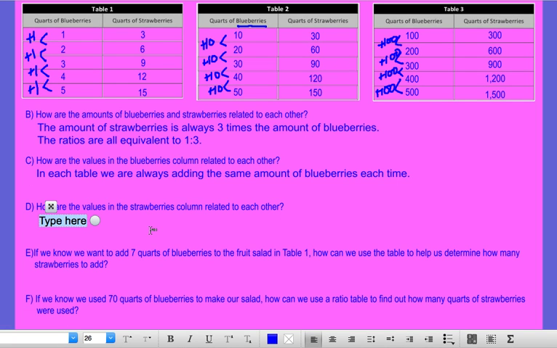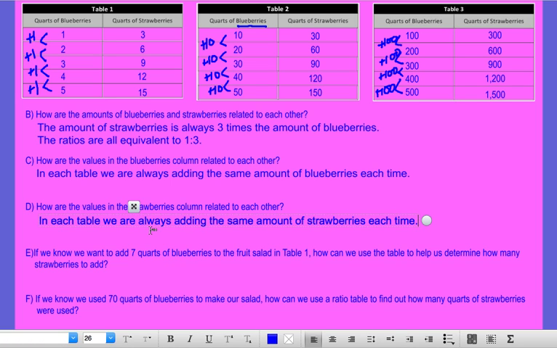Okay, so that leads us to our next step when we're talking about our strawberries. So how are the values in the column of strawberries related to each other? Okay, and again, if you look and see, in each table, we are always adding the same amount of strawberries each time.